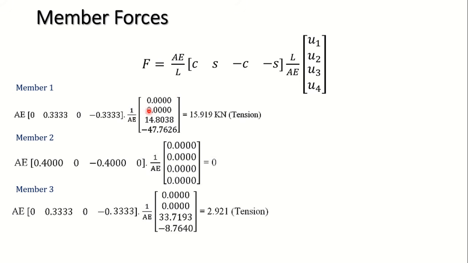So U1, U2 represent the displacement at the near end, and U3, U4 at the far end.